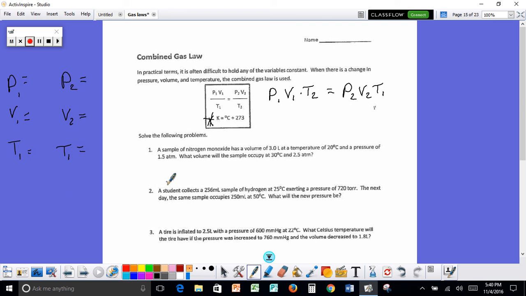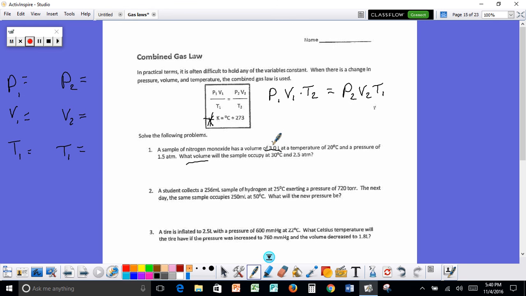A sample of nitrogen monoxide has a volume of 3.0 liters at a temperature of 20 degrees Celsius and a pressure of 1.5 atmospheres. What volume will the sample occupy at 30 degrees Celsius and 2.5 atmospheres?